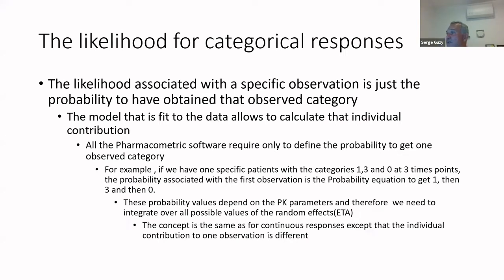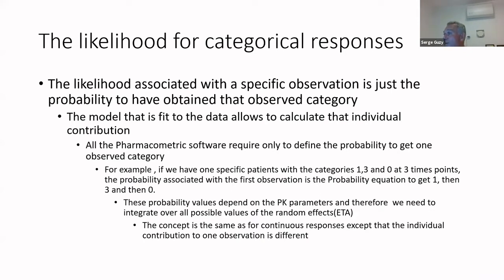Then later on, again, you observe what's the pain after, let's say, 10 hours. Then again, if the level is 3, the likelihood in that case is a probability. When I use A equal 1 and B equal 1, then the probability is given by I logit of A plus B multiplied by C, where C is the predicted concentration.